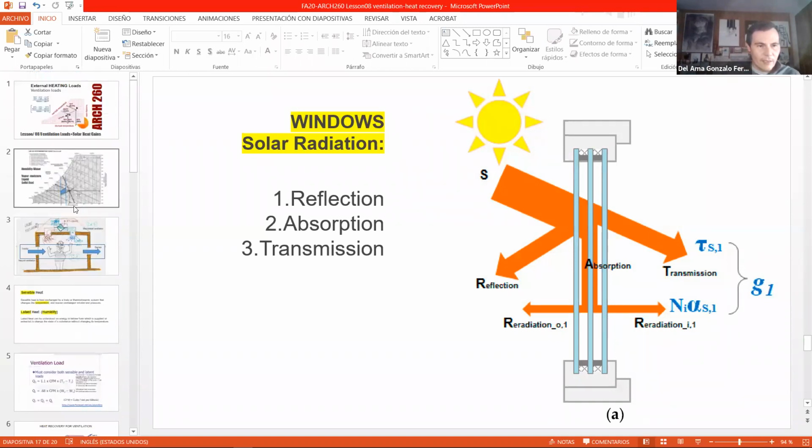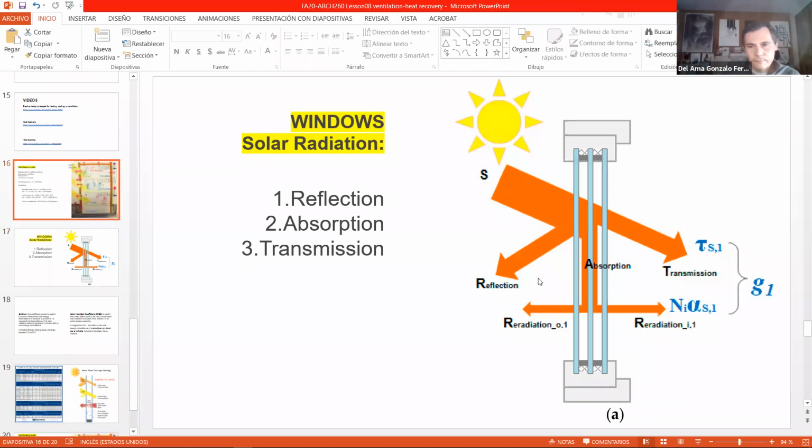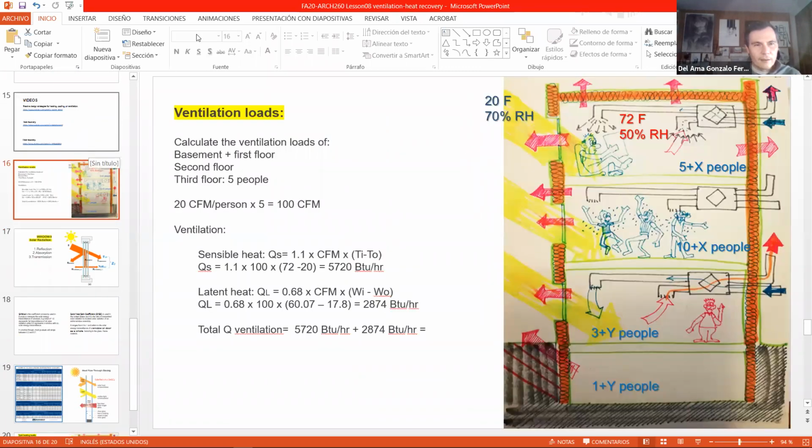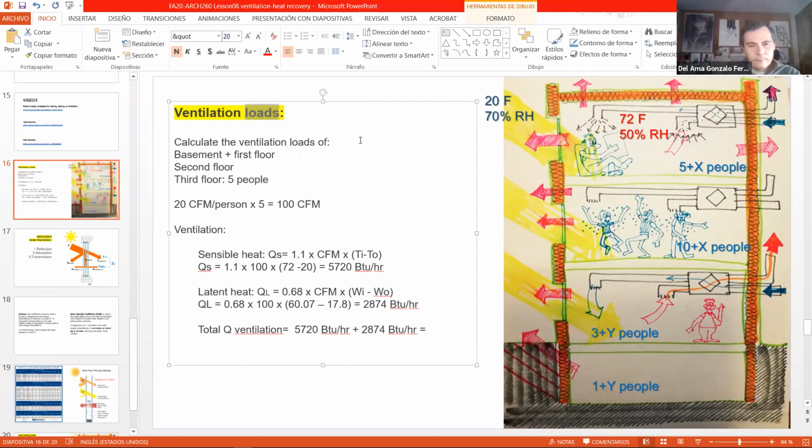So let's write down these figures here. A decent U value for walls can be 0.02 units BTU over hour feet square Fahrenheit.